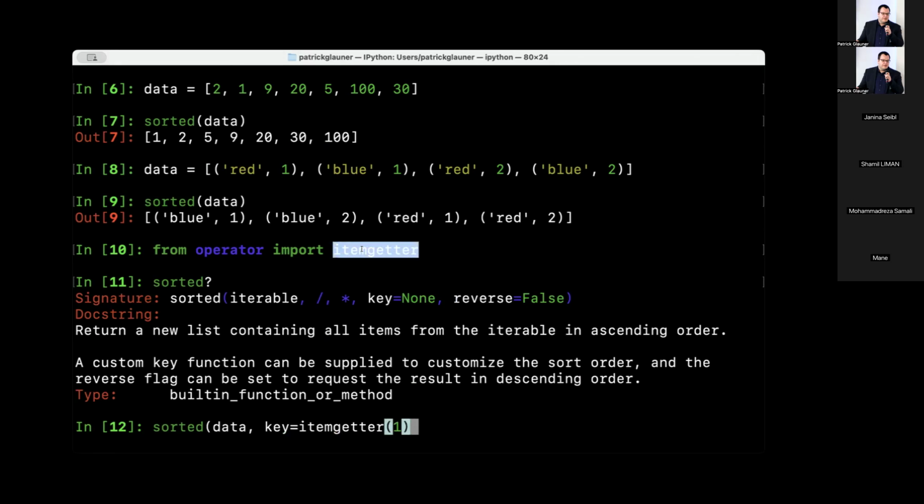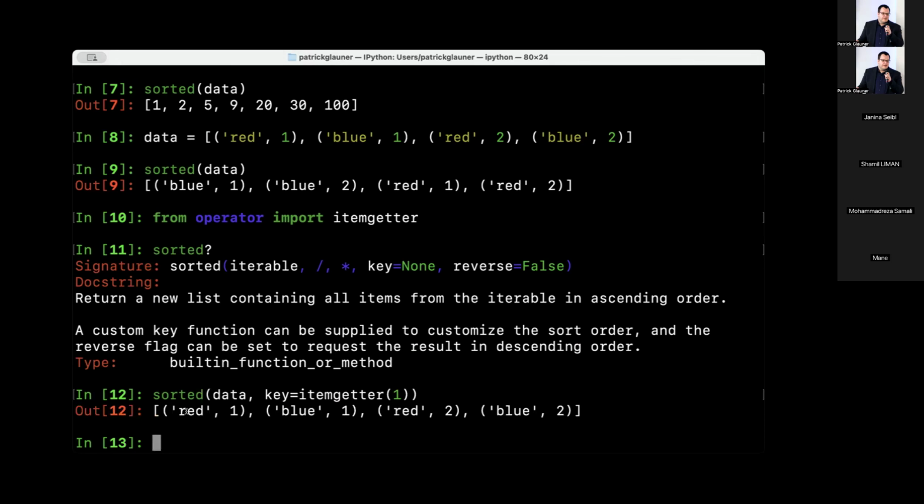In Python, itemgetter(1) would mean that when I sort a data set, it opens the elements and looks within the elements at the second entry. So index 1, because index 0 is blue, index 1 is the 1, and so forth.